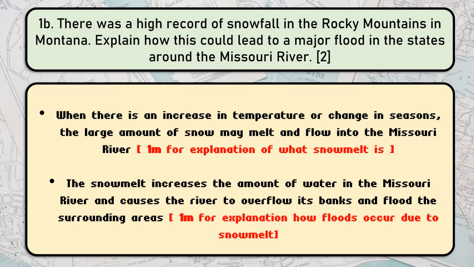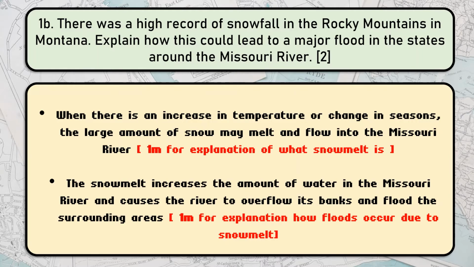So based on the studies that you have done, snowfall, how does it lead to flooding? So for those of you who mentioned snow melt, so when snow melts and then it becomes water, where does this water go? How does it lead to major floods around the Missouri River? So this is a 2 marks question, therefore you need 2 points. So let me just read out to you the answer.